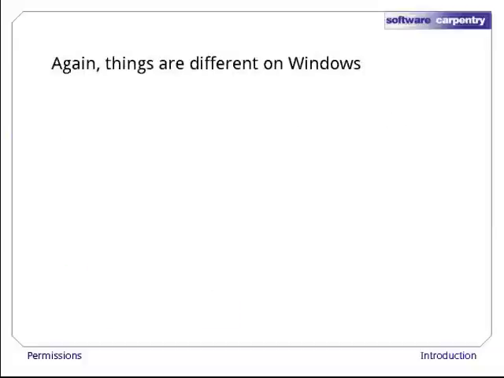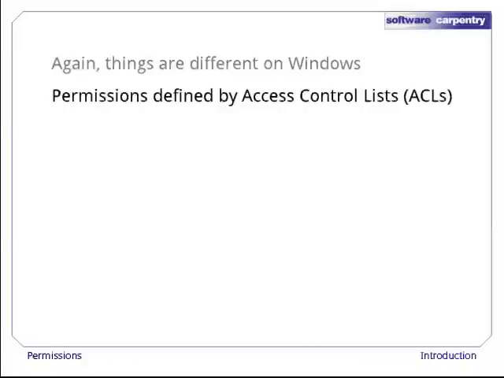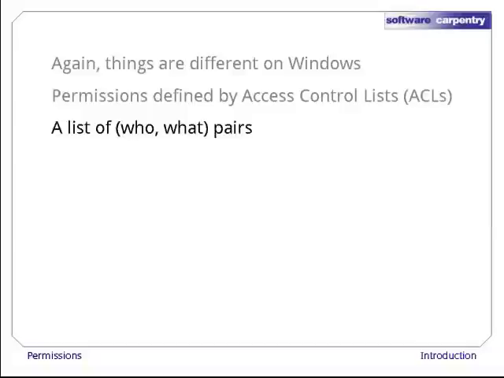As we said at the outset though, things work differently on Windows. There, permissions are defined by access control lists, or ACLs. An ACL is a list of pairs, each of which combines a who with a what. For example, you could give the mummy permission to append data to a file without giving him permission to read or delete it, and give Frankenstein permission to delete a file without being able to see what it contains.